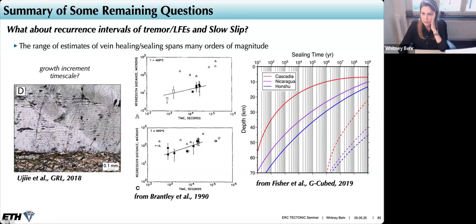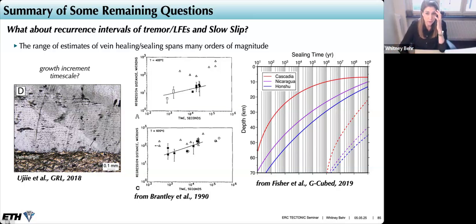And then the last question I'll highlight just relates to something I briefly mentioned earlier, which is how the transient deformation features we observe in the field should scale to low frequency earthquakes or episodic tremor and slip events in time. We can't really assess slip rate on individual structures in the rock record, besides to say that they either formed faster than steady state creep or slower.